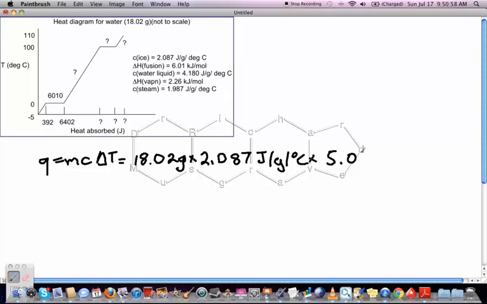Just to make it a little bit easier with the significant figures, I'll just make it 5.000 degrees Celsius. We really can't tell what sig figs are based on what's going on with the temperature, but we'll make that assumption. Anyway, all of that's going to come out to be 392.0 joules.